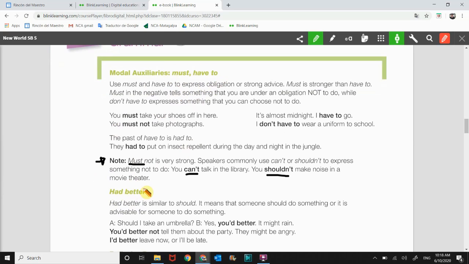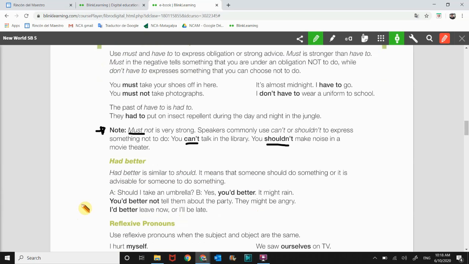Now we're going to talk about had better. So had better, as I mentioned before in the other video, is similar to should. It means that someone should do something or it is advisable for someone to do something. So for example, should I take an umbrella? Yes, you had better. It might rain. So this is saying basically you should take it because it will probably rain. Might is maybe.